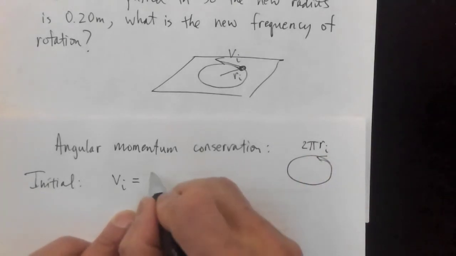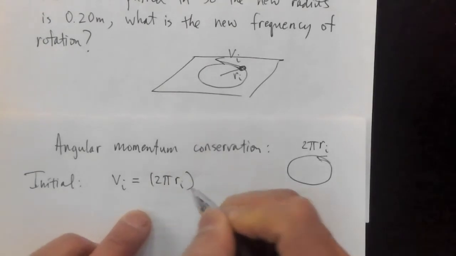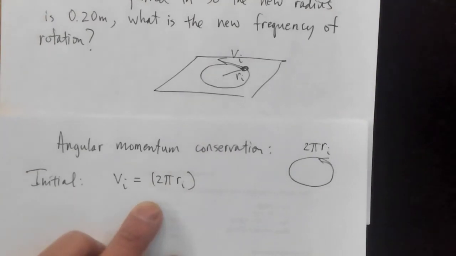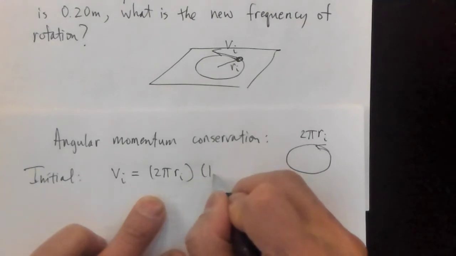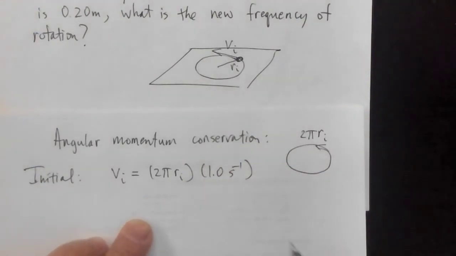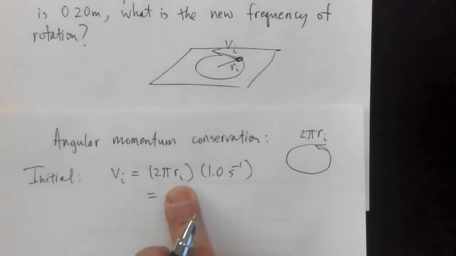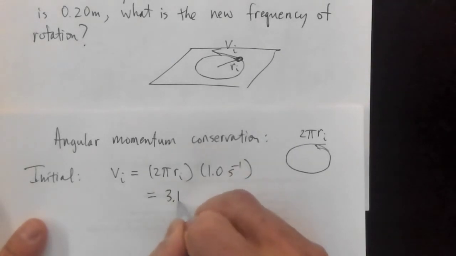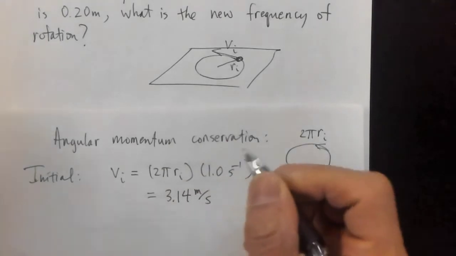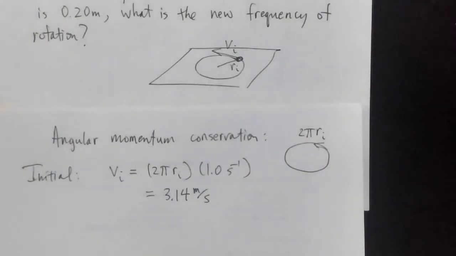So 2 pi initial radius is the circumference. If I multiply by the frequency, 1 inverse second, that will give me the speed. So 2 times pi gives me 6.28, times the initial radius, which is 0.5, so that comes back to pi again, and then times 1, so I get 3.14 meters per second. Okay. Everybody with me so far?